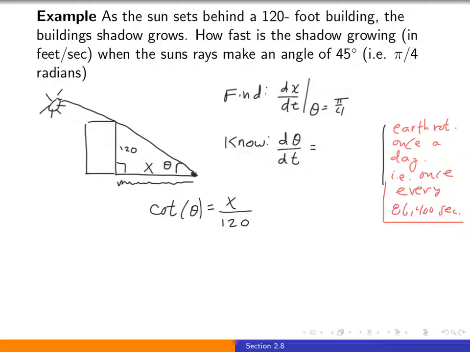So the rate of change is how the angle changes with respect to time. Going one full rotation is 2 pi, and the time unit is 86,400. This rate of change will be given in radians, the 2 pi, divided by seconds.